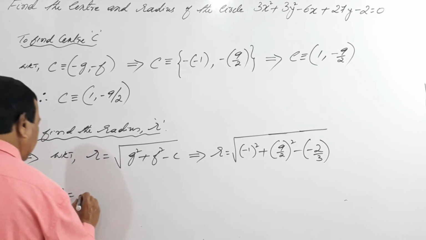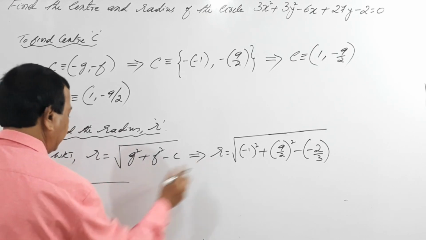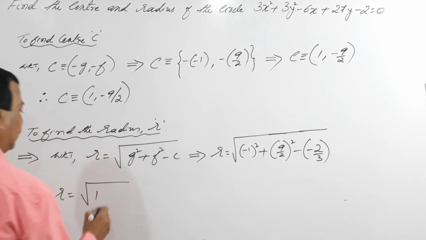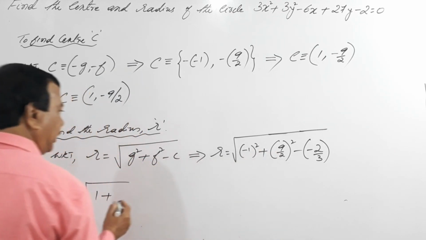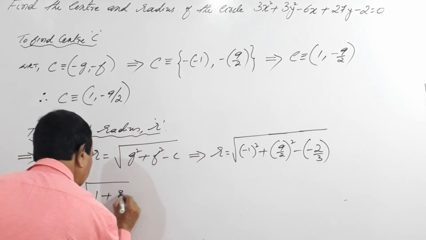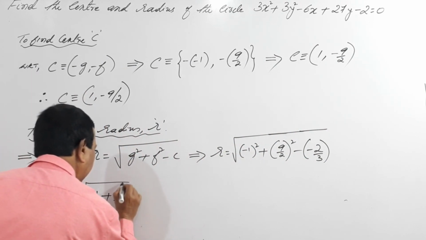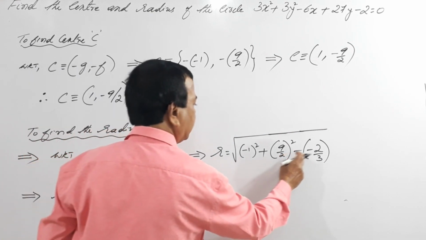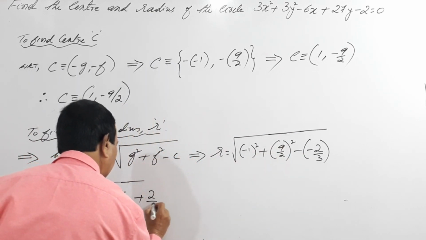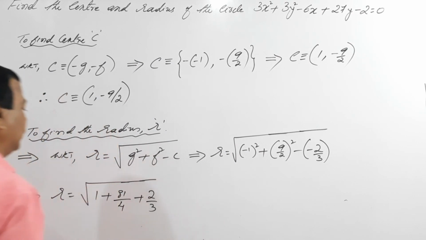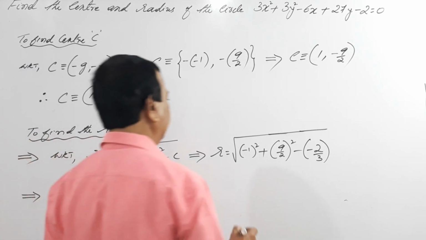R equals square root of 1 plus 81/4, minus into minus, plus 2/3. How to solve this? Take the LCM.